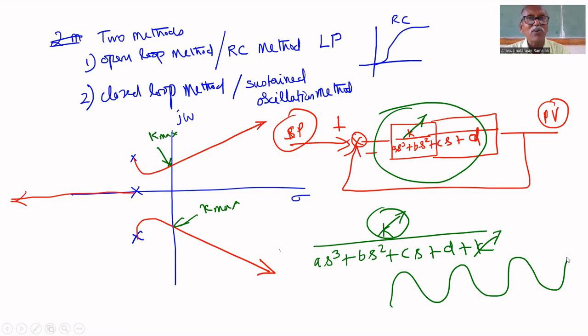Actually, in the lab, you calculate the R value and C value, but either R or C will be fixed, so you calculate either C or R. Am I correct or not? You find that value and put that value. But if you see it on the CRO, there is no oscillation. Why? You calculated correctly, you got the same value of capacitor there. If you connect it, it is not oscillating.